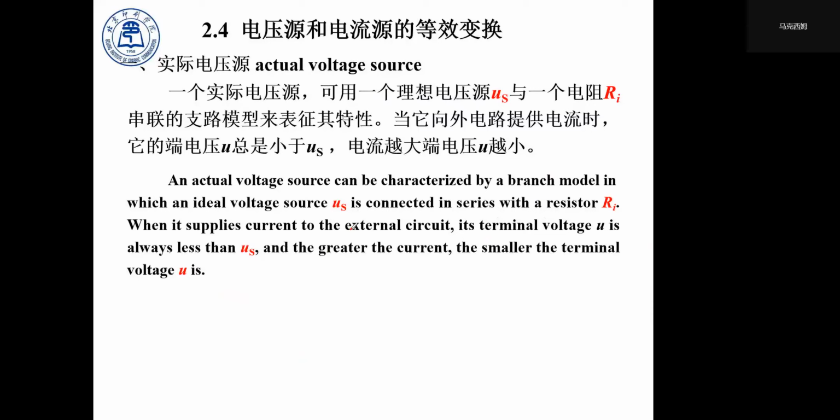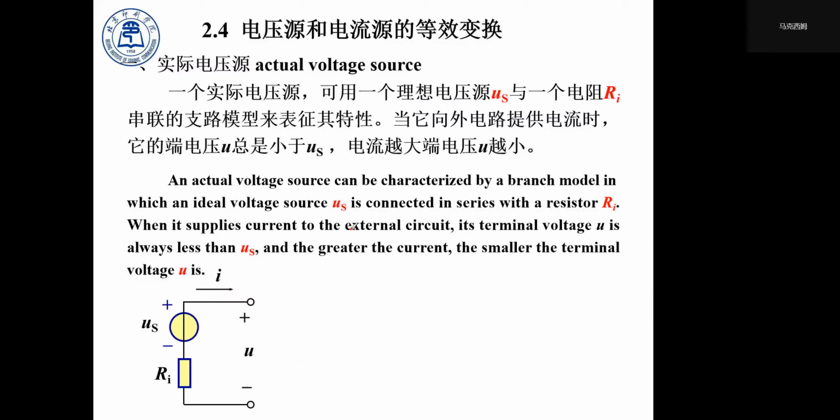So we can recreate the characteristic of the real voltage source by putting an ideal voltage source and a resistance in series to represent its characteristics.